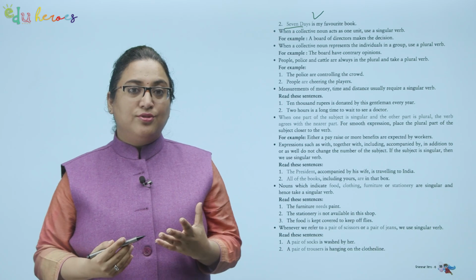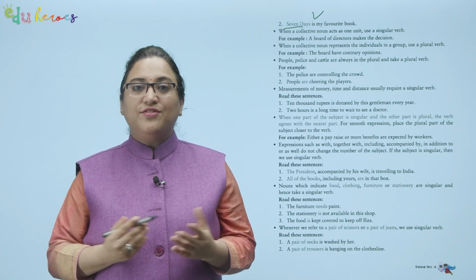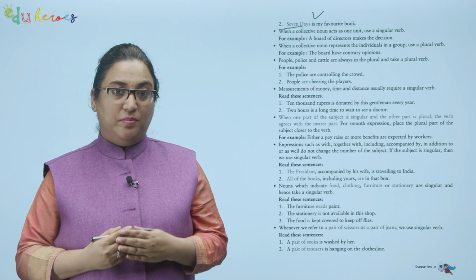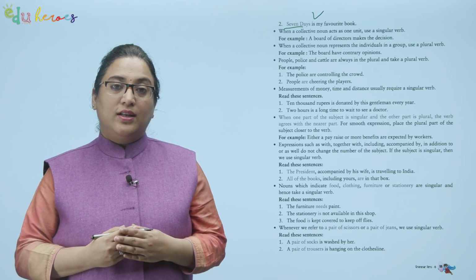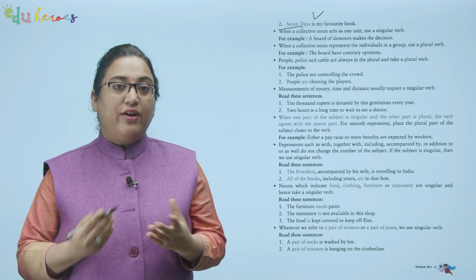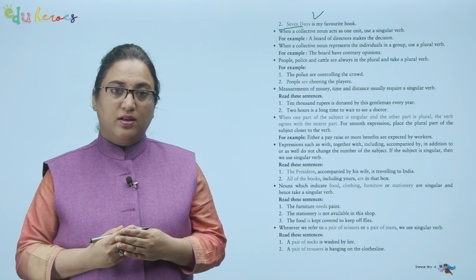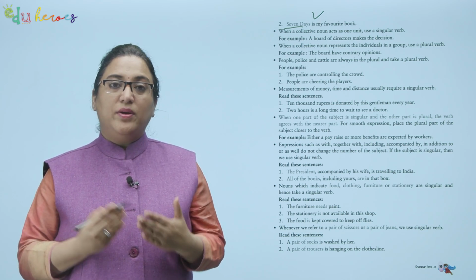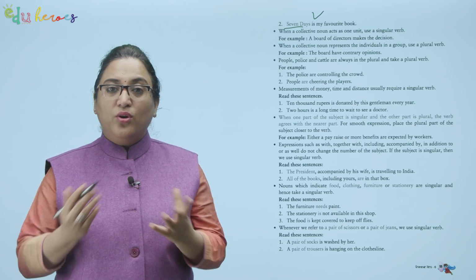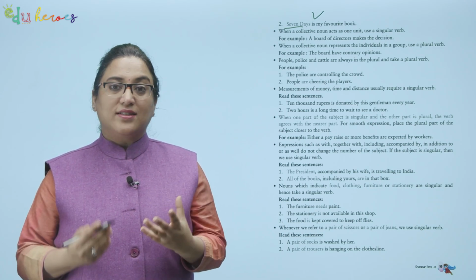Another interesting rule, children, is when a collective noun acts as one unit, use a singular verb. तो इसके लिए आपको collective nouns बार बार रिवाइज करने चाहिए ताकि आप उन्हें आइडेंटिफाई कर सकें एक सेंटेंस में. अगर ये कर सकेंगे तभी ये रूल अप्लाई कर पाएंगे. For example, a board of directors makes the decision.